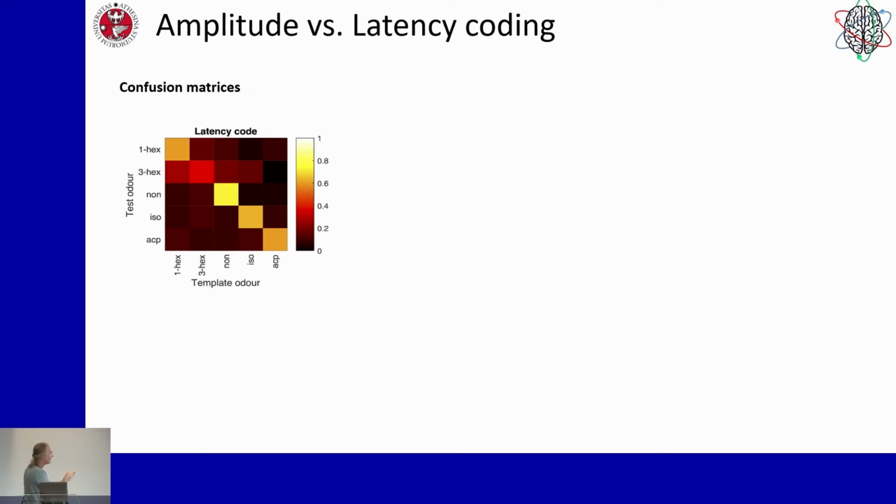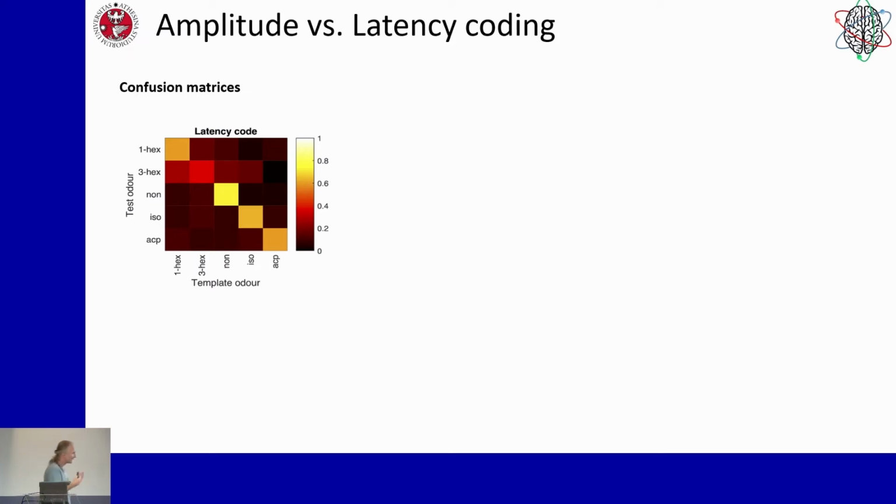However, you see small deviations here. For example, between 1-hexanol and 3-hexanol, this latency code is not so robust. It seems to mix those two odors, which is not a surprise because they are chemically extremely similar. So this is a 10 carbon chain, and here the hydroxyl group is sitting at the first carbon, here at the third carbon.